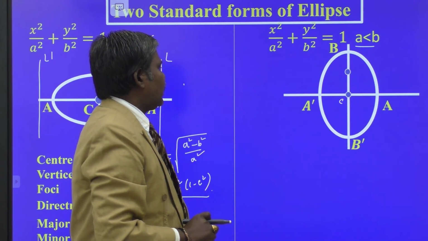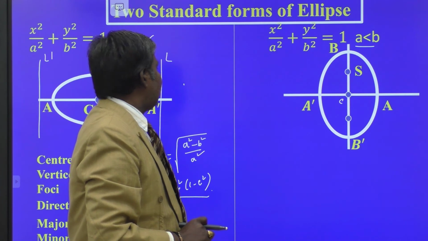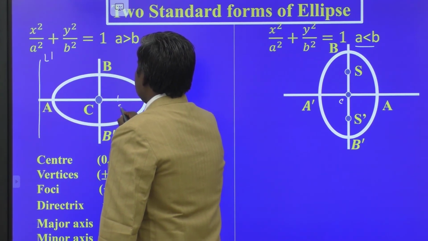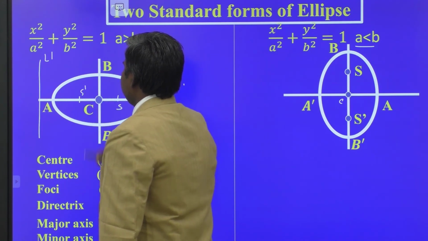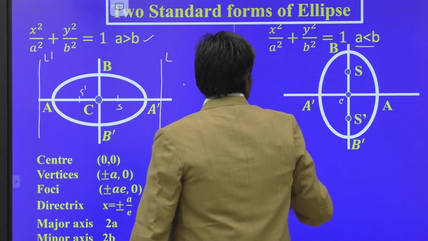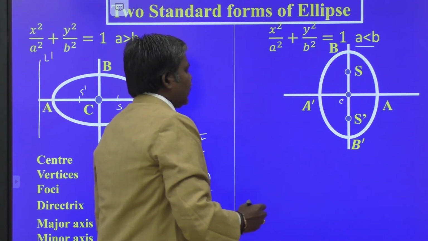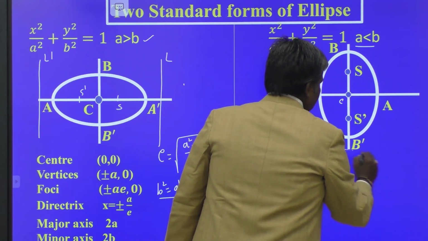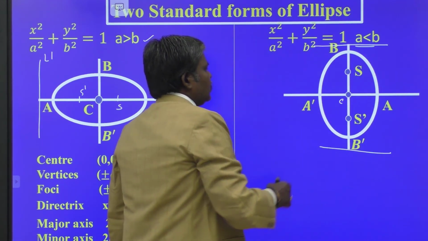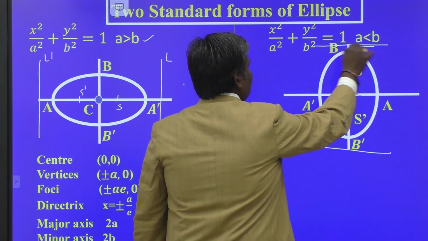And these are the foci, S and S dash. What are the foci here? This is S and S dash. There exist two foci here. Here also S and S dash are the foci. Directrix are in this manner. These are the fixed points, and these are the fixed lines.